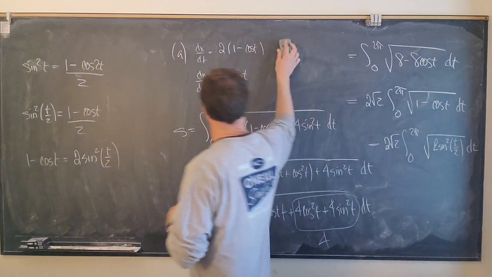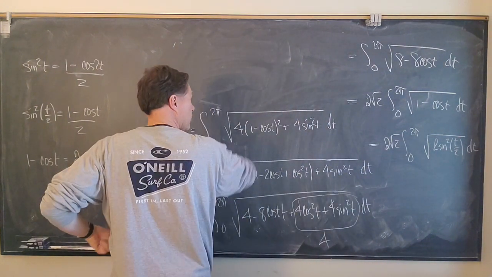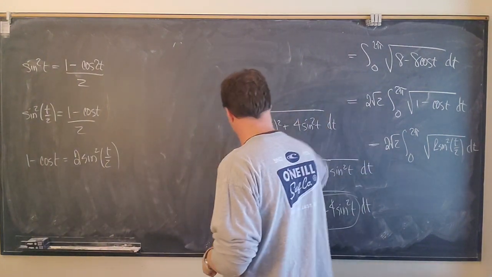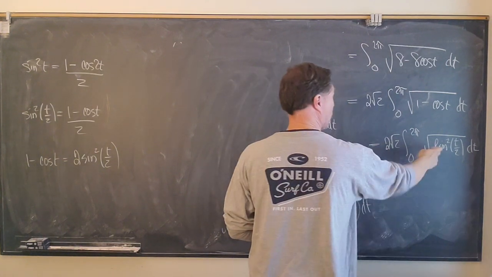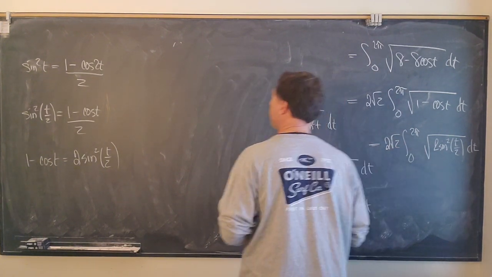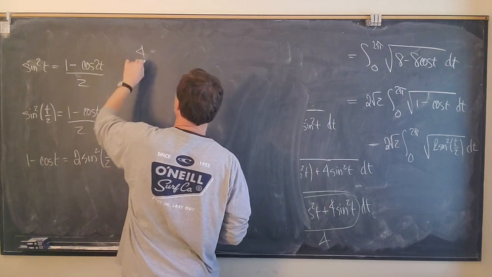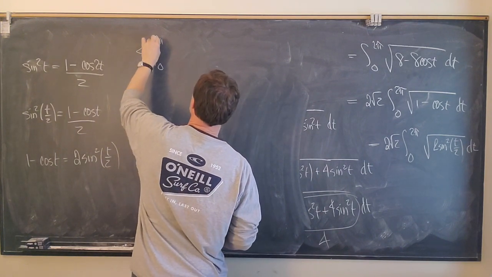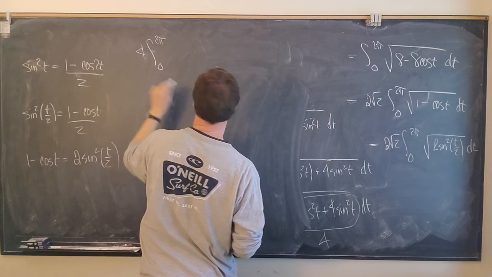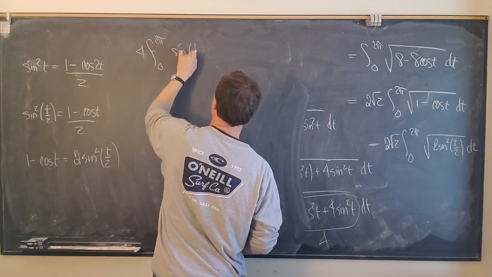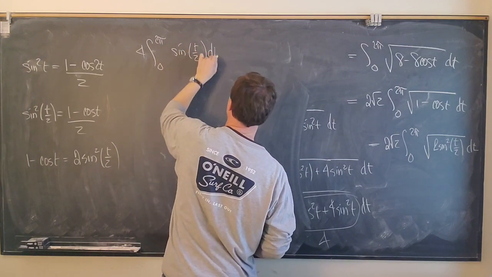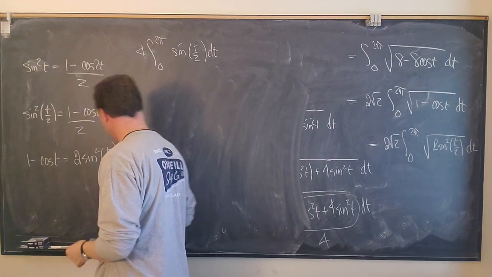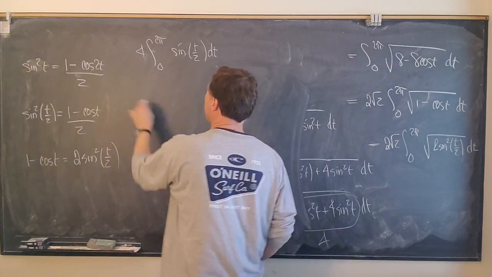This is now something that we can integrate when we take the square root. We're going to get a square root of 2 to bring over here, which gives us 4 out in front of the integral. So we get 4 times the integral from 0 to 2 pi of sine of t over 2 dt. Now we can take the antiderivative.